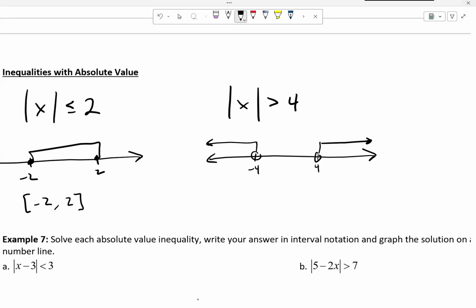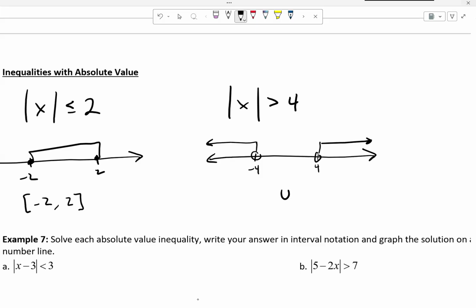Make sure your neighbor got the same thing you did. Hey, Jaden, can you tell us how you did this? The second one, in interval notation, how do you write it? So there's a U in the middle.